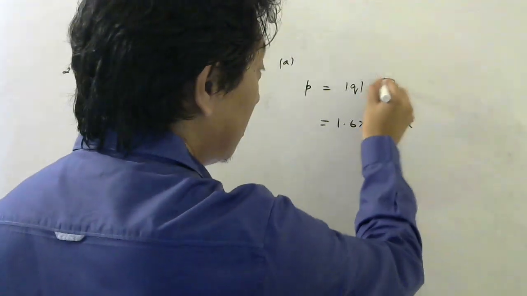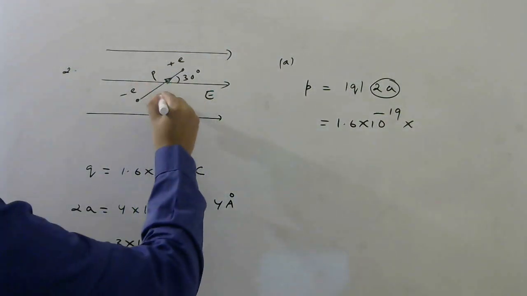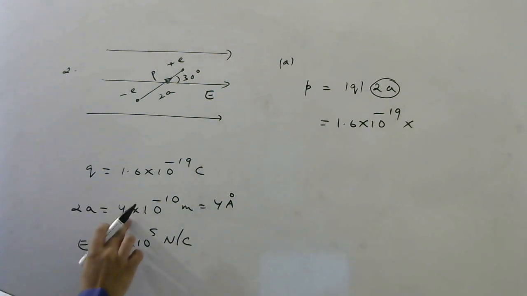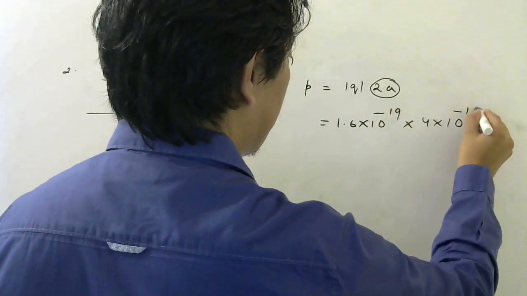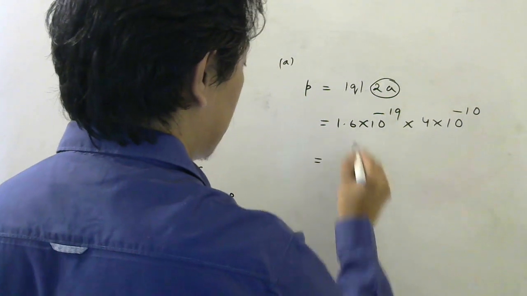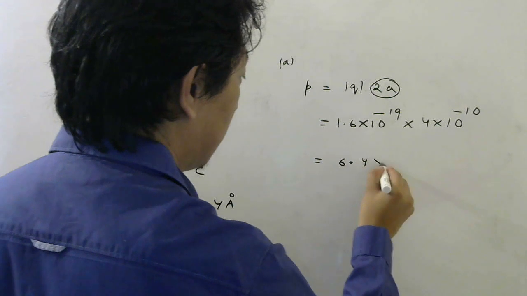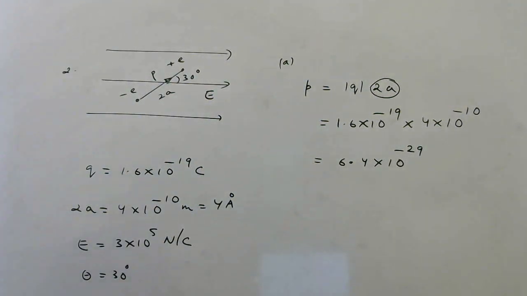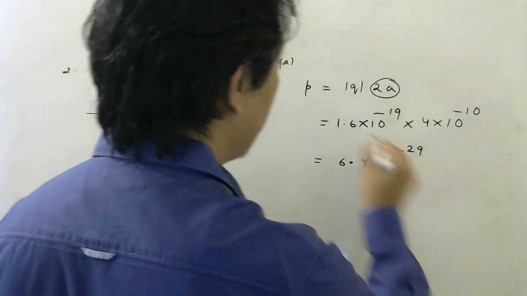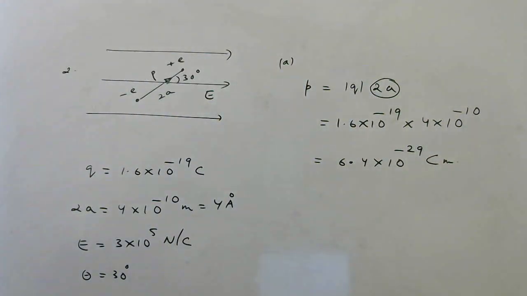The distance between the charges, 2a, is given directly as 4 into 10 to the power minus 10. So 4 6s are 24, 4 2s carry, 4 1s are 4, 5 6. So 6.4 into 10 power minus 29. Very small number. Unit will be coulomb meter. So this is your dipole moment.